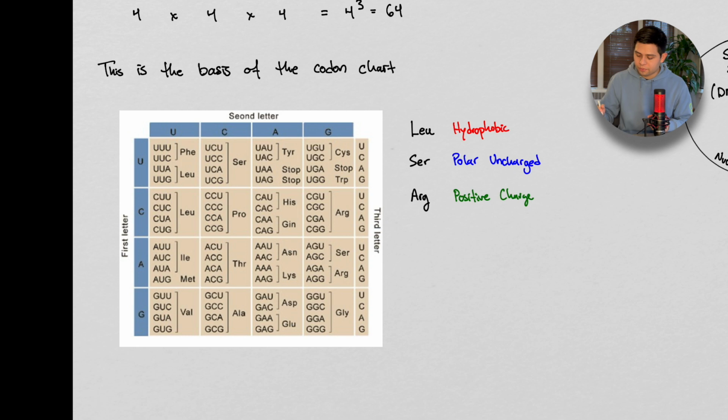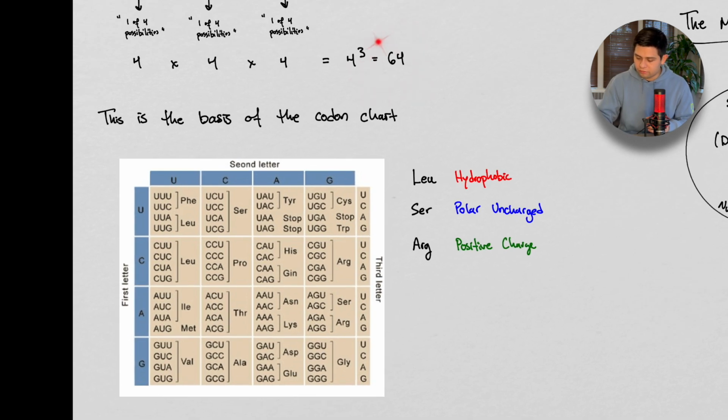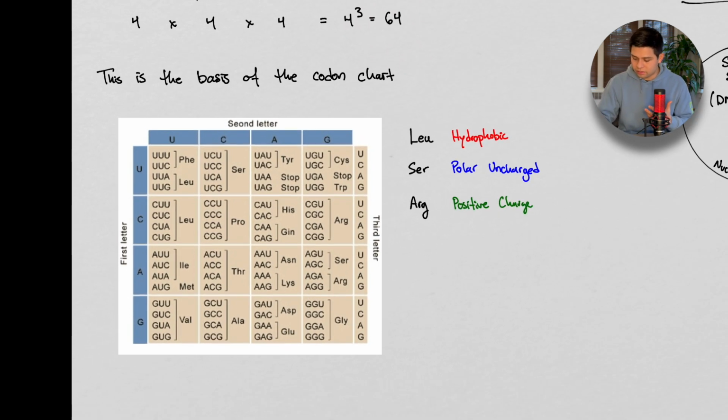But anyways, this 64 is the basis of this table, and you'll see this table everywhere. And notice a few things, right? So leucine, serine, and arginine. If you look at this table long enough, we have leucine, serine, and arginine here and arginine here.